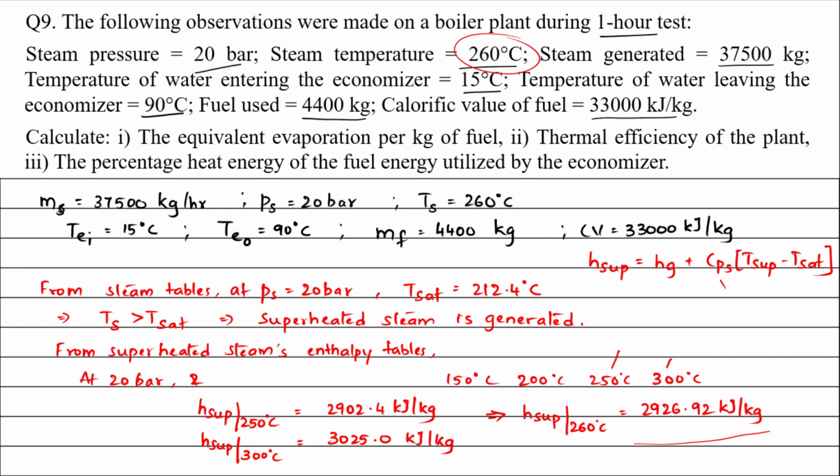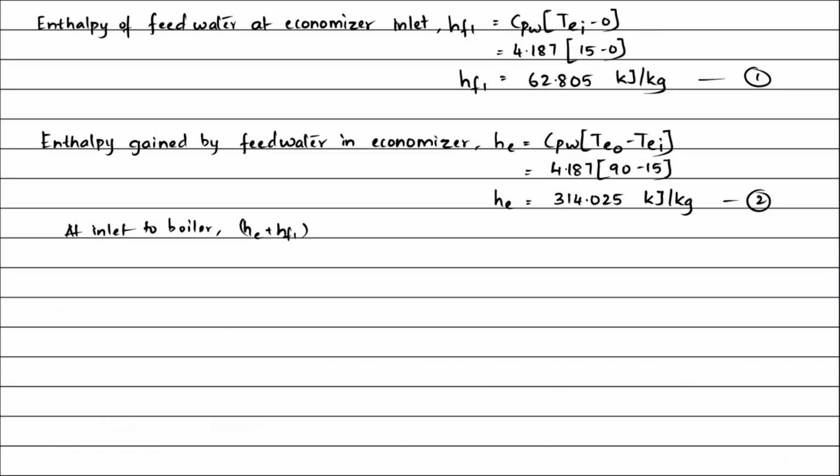So the enthalpy of the steam at boiler outlet, denoted by H1, is equal to 2926.92 kilojoule per kilogram.